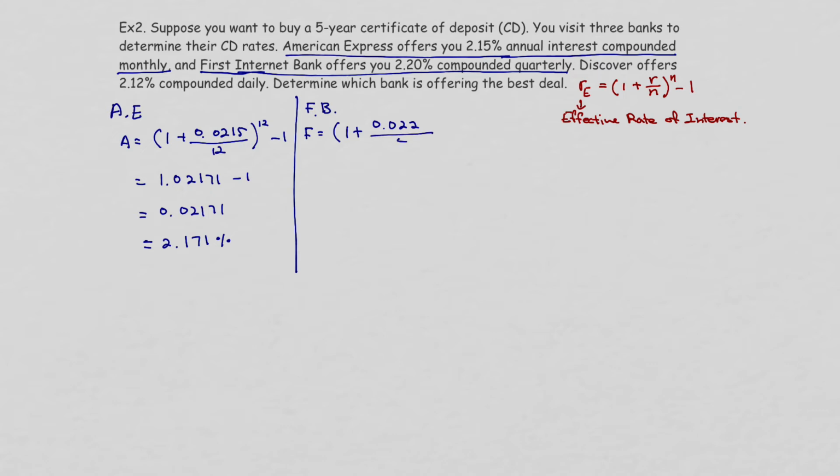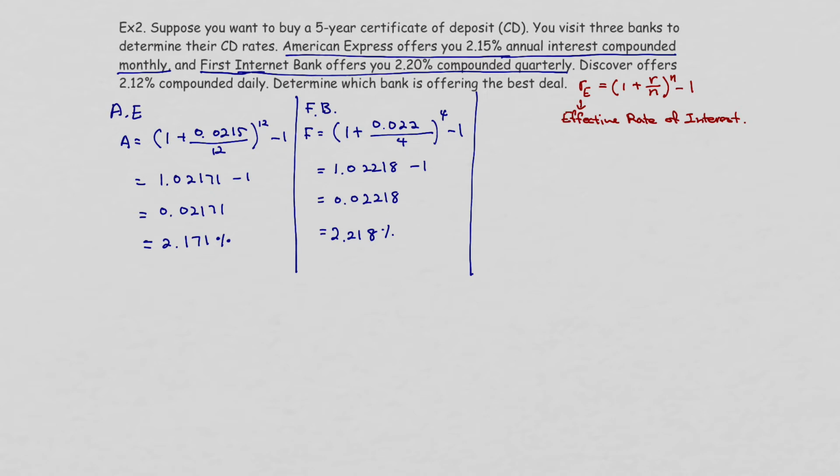And compounded quarterly. When we replace that, you will get 1.02218 minus 1, which is 0.02218. That is about 2.218%. So between these two, First Internet Bank is the better one.